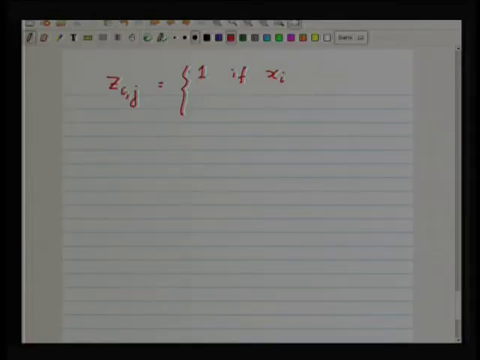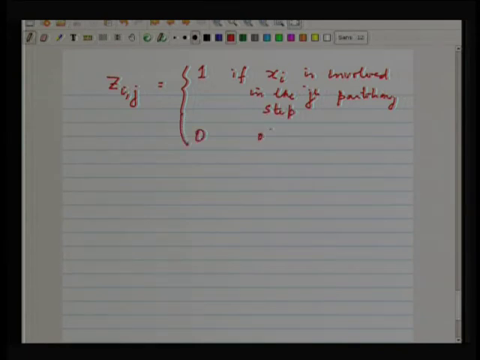So, all we are saying is that if x_i is involved in the jth partitioning step, this variable is equal to 1, and 0 otherwise. I am sorry, not the ith, it is the jth, I have to keep them distinct.